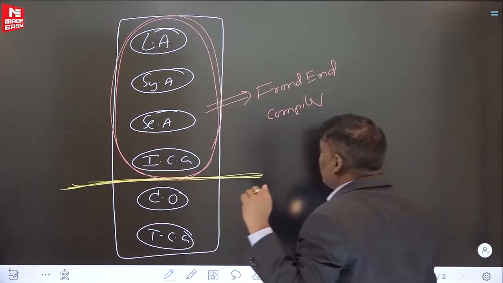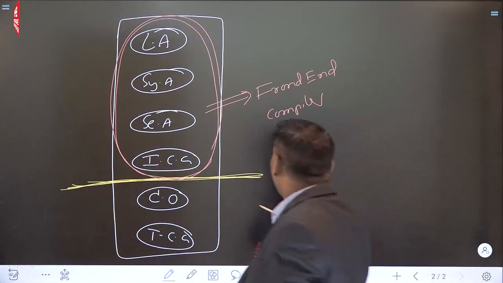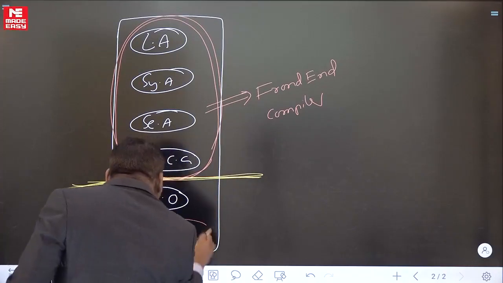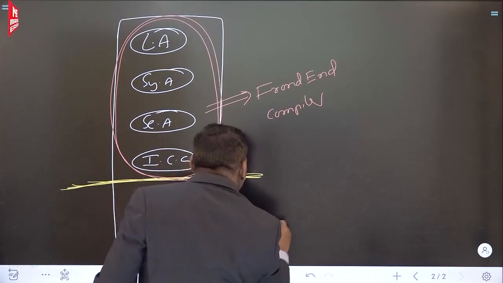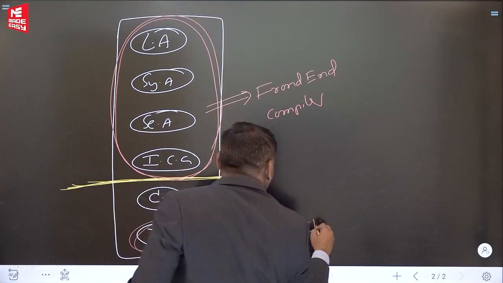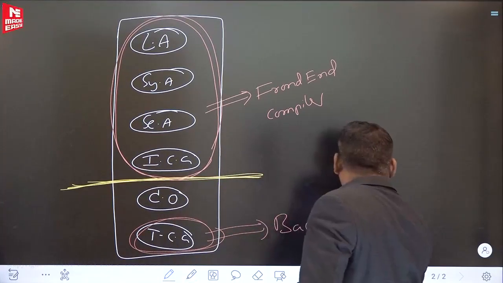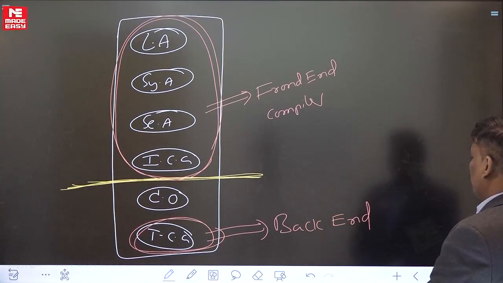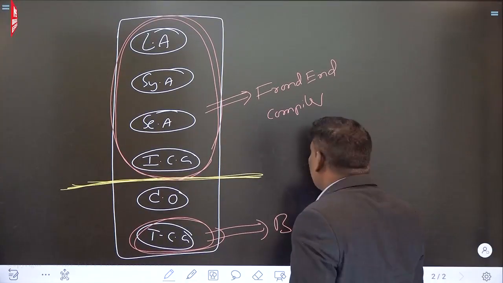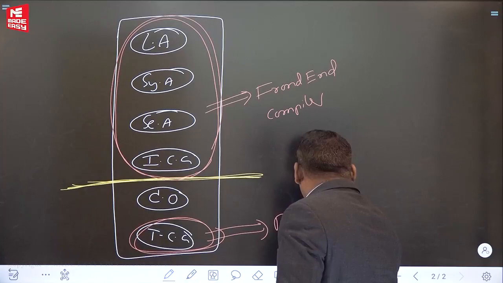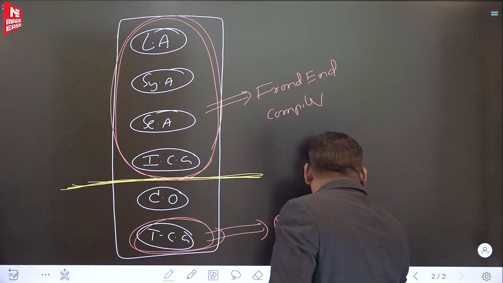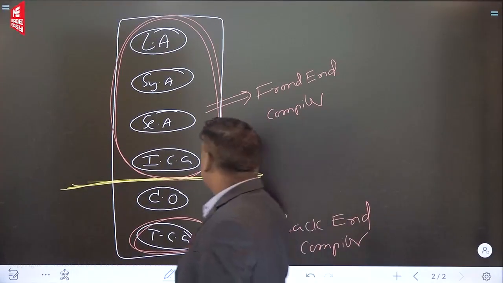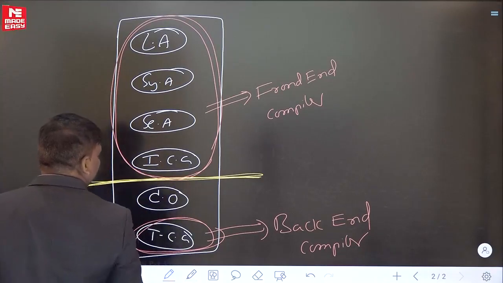From lexical to intermediate code, this is called the front end of the compiler. Only target code is called the back end of the compiler. First 4 are going to be the front end of the compiler. If anyone asks you, you say it; otherwise not required.